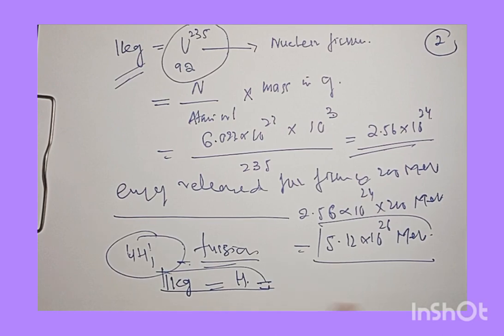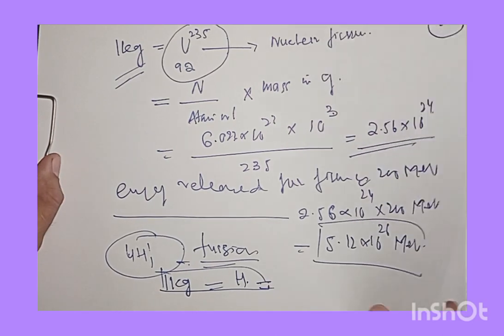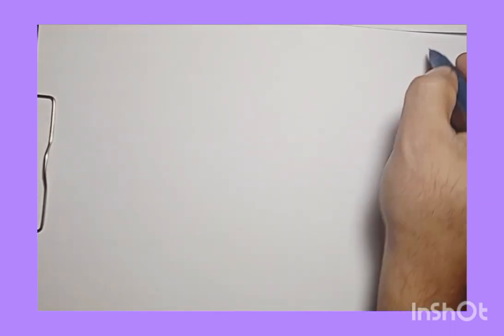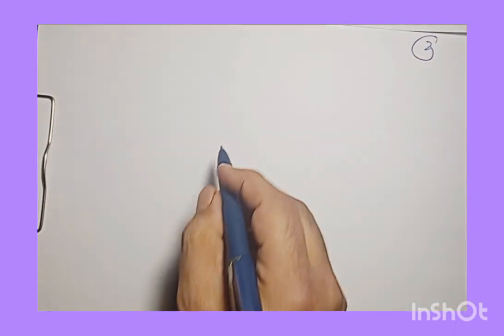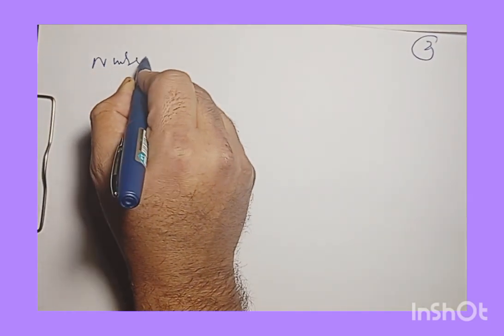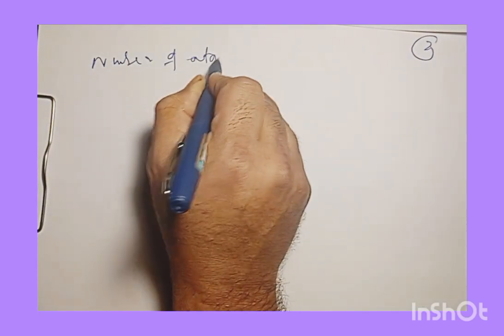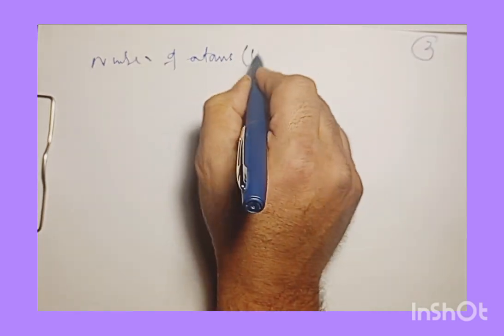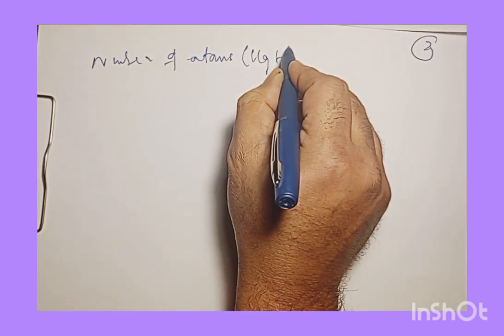So to proceed, what will be the number of atoms in 1 kilogram of hydrogen?